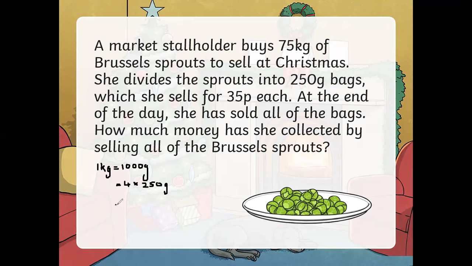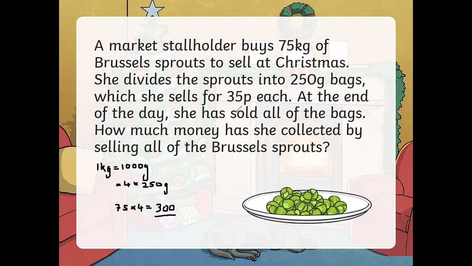So that means 75 kgs will be split into this many bags of 250 grams. So we times it by 4, and 75 times 4 is equal to 300. So that's how many bags will be made when she splits it up into 250 grams.